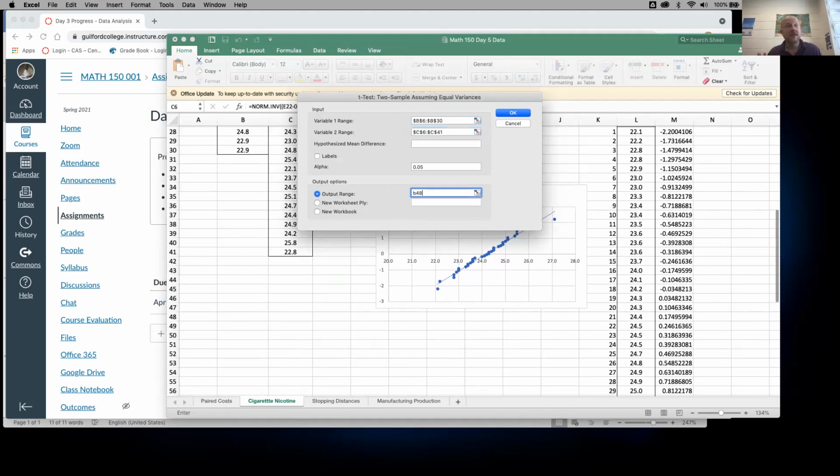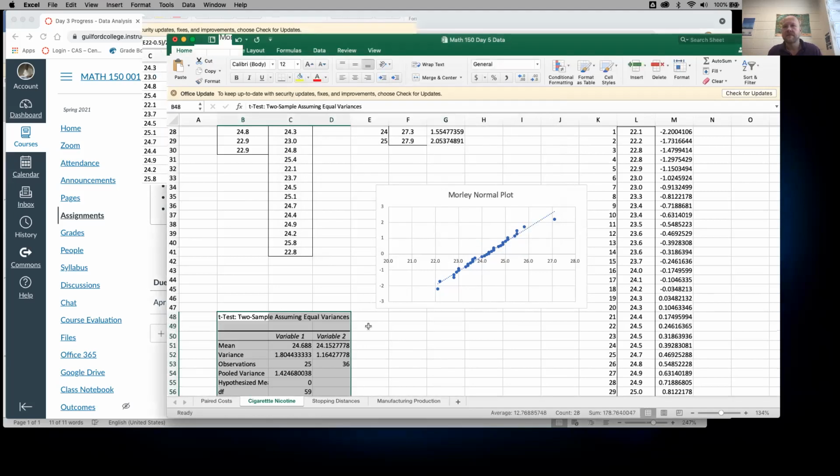Now, if you all miss that and choose new worksheet ply, then you'll have a completely new sheet to have things on, and you need to label it so that I can figure out which thing's which. It would be much easier if you just put your results on the same sheet, okay?